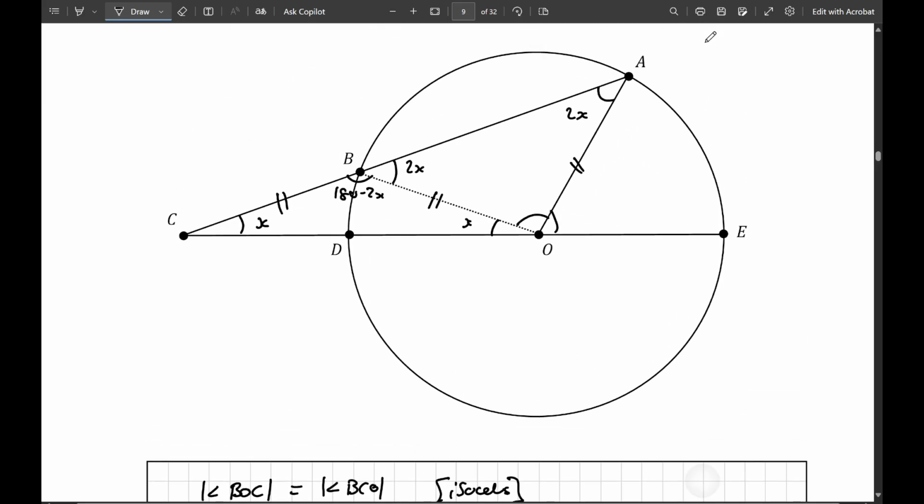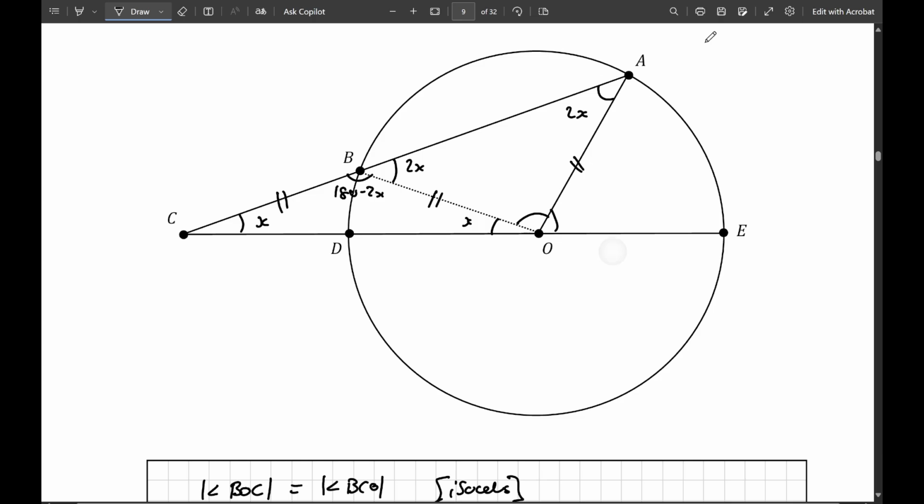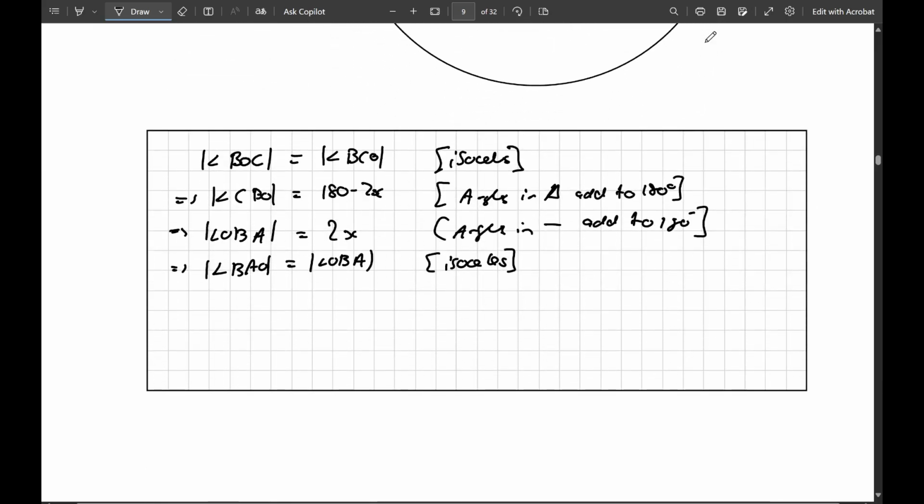So then we can work out that BOA will be 180 take away 4x, for again the same reason as above, so I'll just mark star, star.